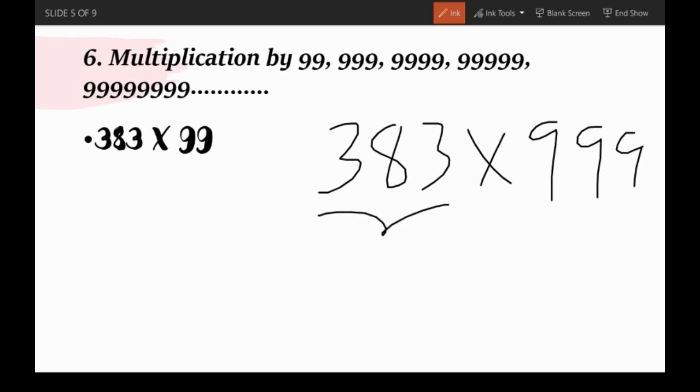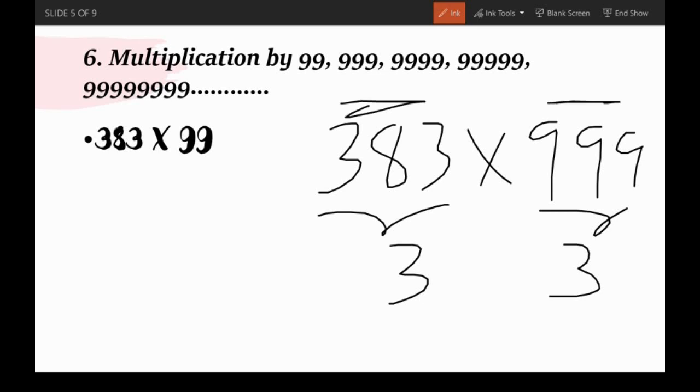Here we have 3 digits, here also we have 3 digits. So in the fifth video lecture we discussed the case where we have the same number of digits on the LHS and the RHS, and I showed a trick for how to solve these types of problems. If you haven't watched it, please go through that.